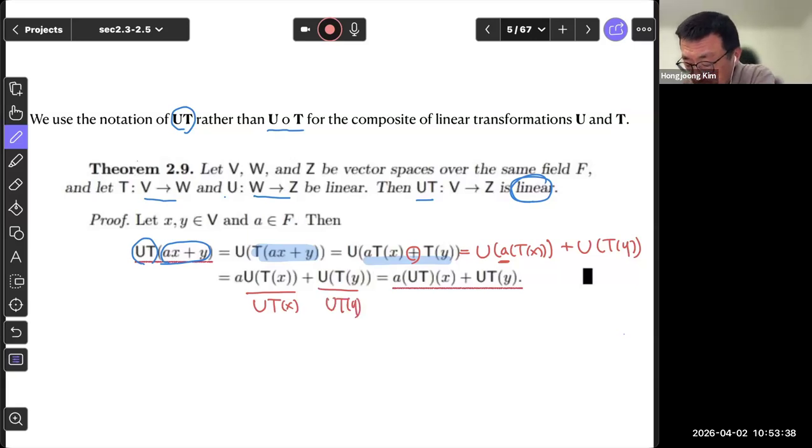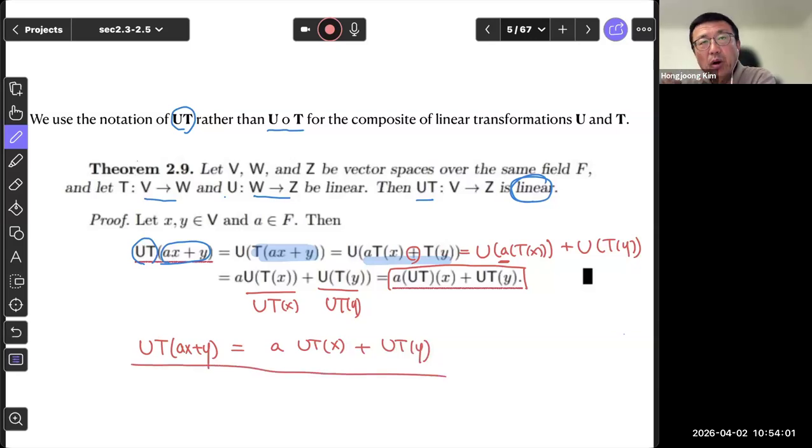So the result is a times UT of x plus UT of y. So that means UT maps ax plus y to a times UT of x plus UT of y. This was the requirement for UT to be a linear mapping. So theorem 2.9 says the composite of two linear mappings will be a linear mapping.